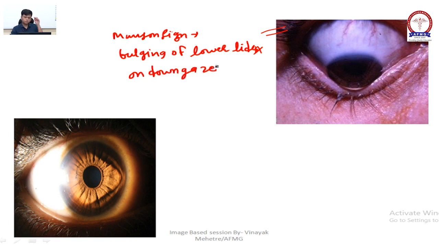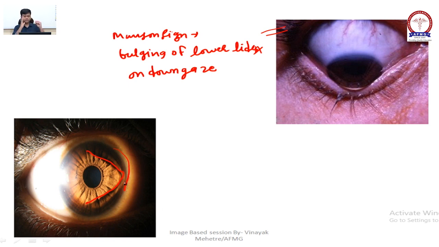When you will look down, there will be bulging of lid. Okay, now see, this is your limbus, right?